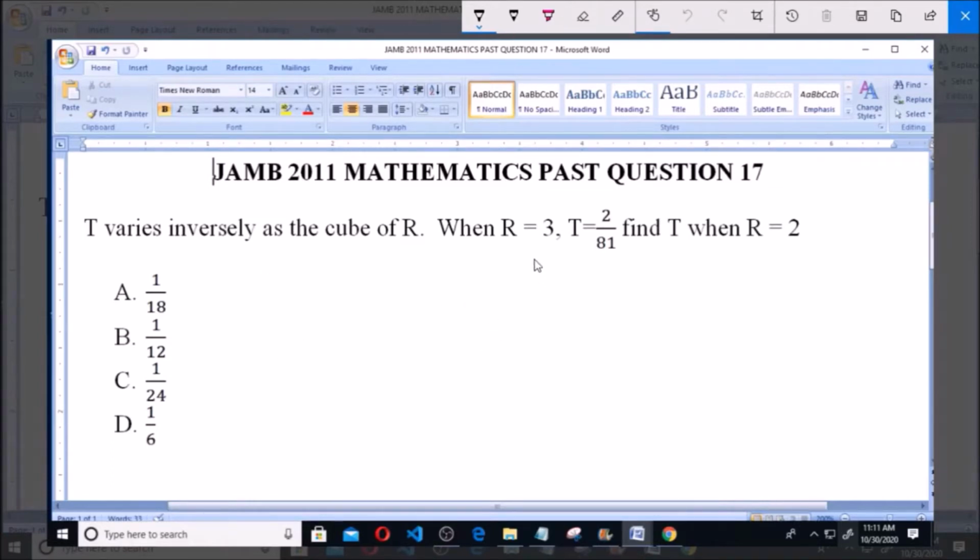Now, the question says T varies inversely as the cube of R. That is, T varies inversely as R cube. That is, T is equal to K over R cube.